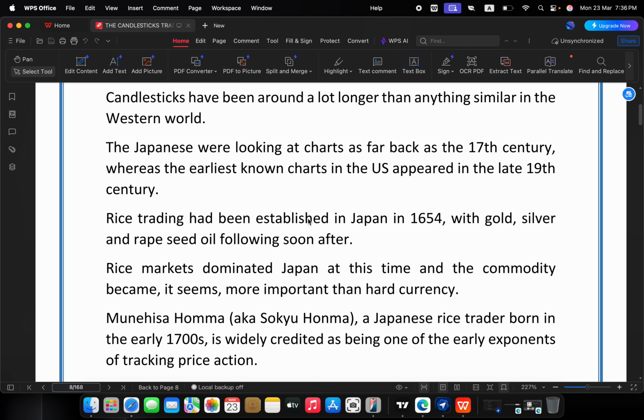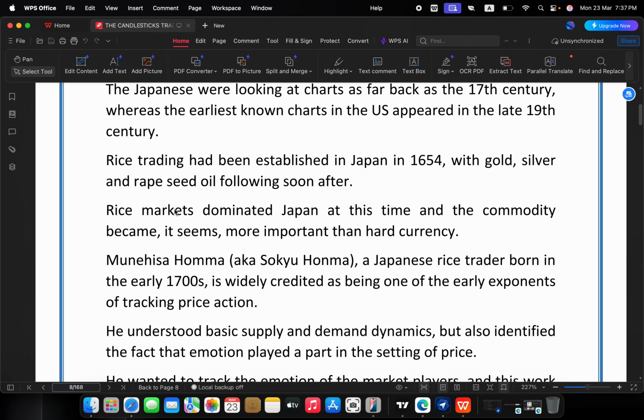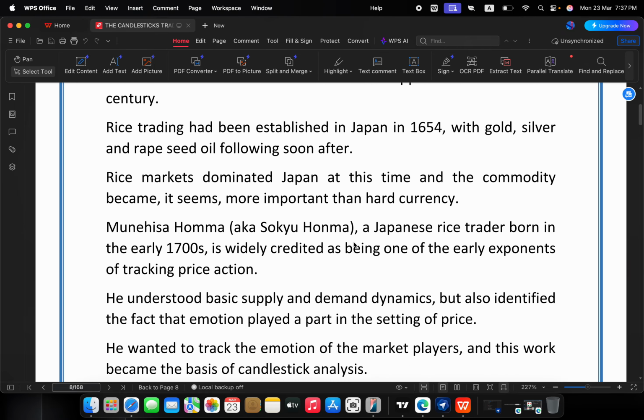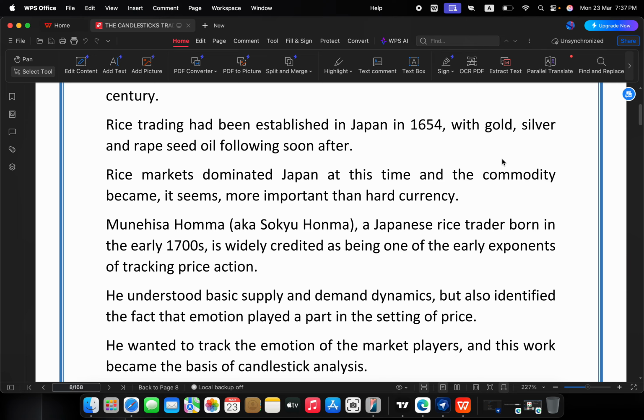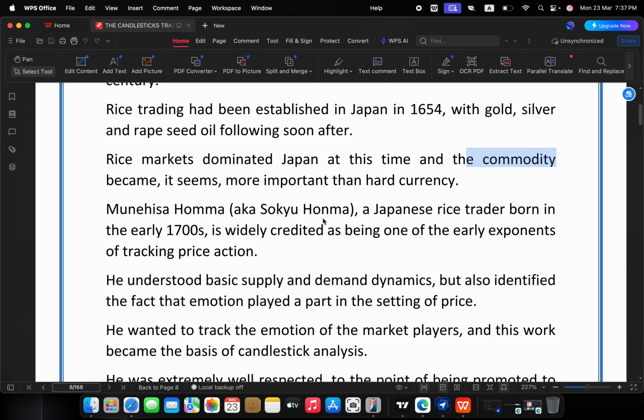Rice trading had been established in Japan in 1654, with gold, silver, and rice seed oil following some time after. The rice market dominated Japan at this time, and the commodity became more important than hard currency. When we talk about commodities, we're talking about gold, silver, and other things as well.